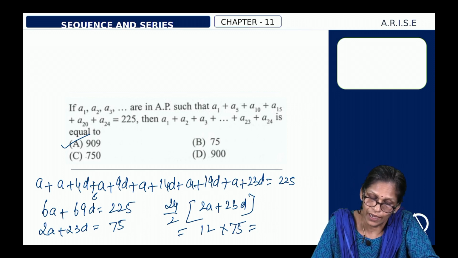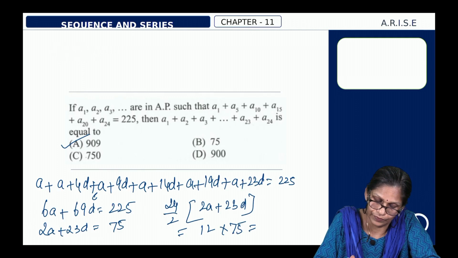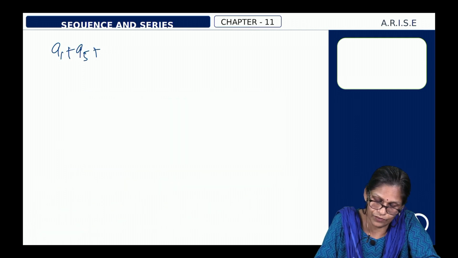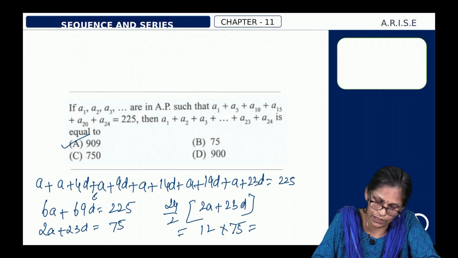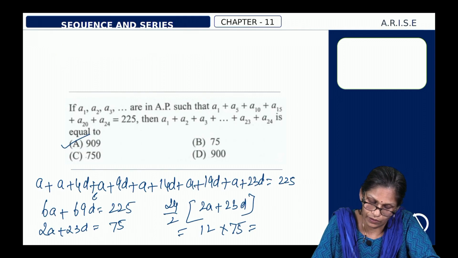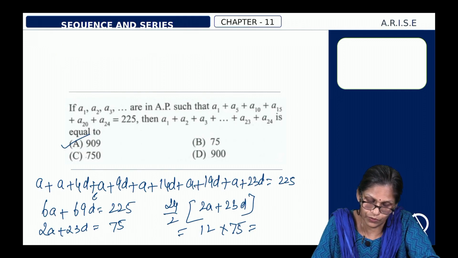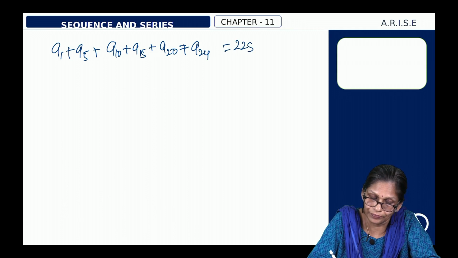What is given? A1 plus A5 plus A10, A15, A20 and A24, that is given to be 225.